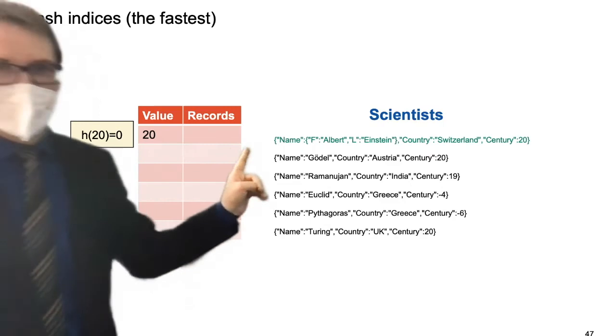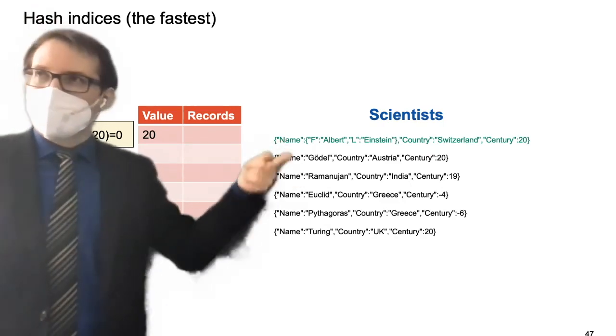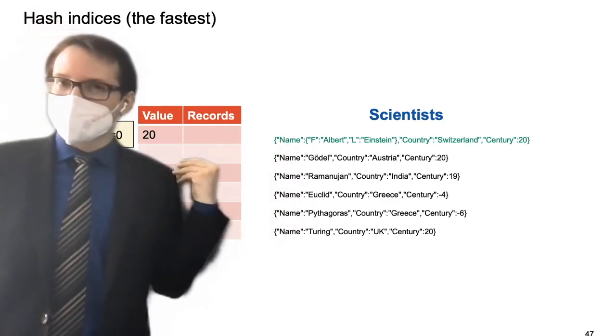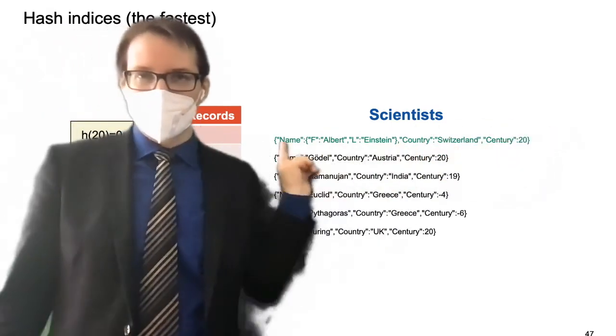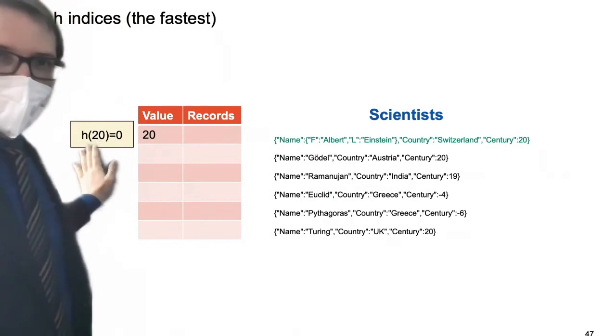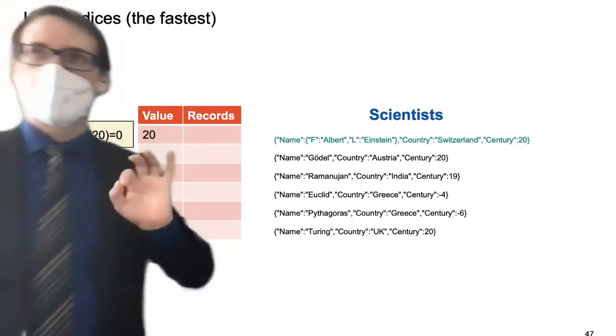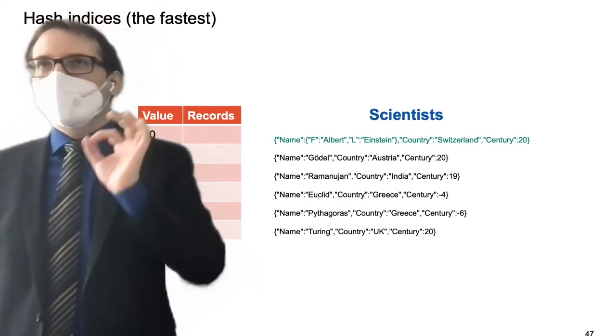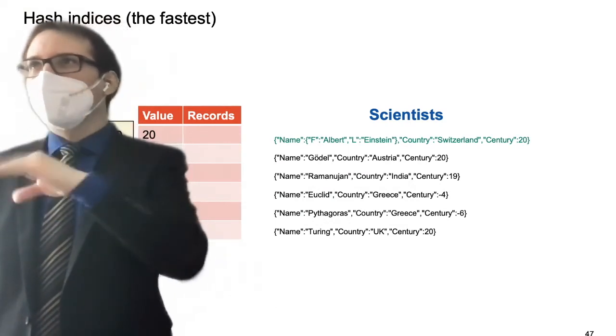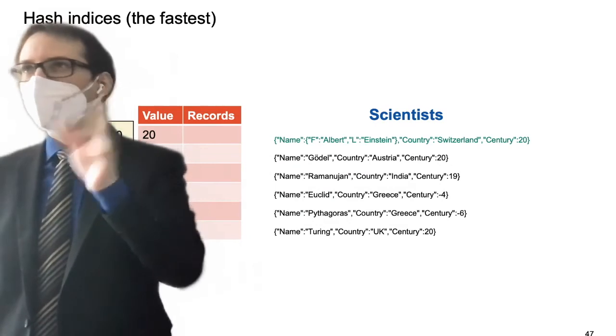This is how it works. We go object by object and we add it to our index. So we take this object here, century 20, and this is the only piece of magic that we have, it's a function h. That's called the hash function. This function is a mathematically magic function. It's actually part of cryptography.